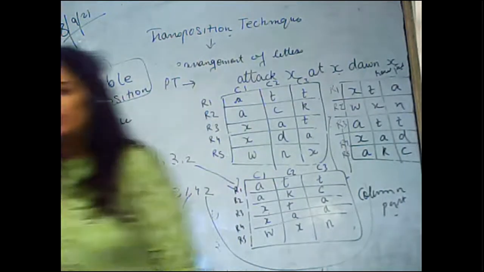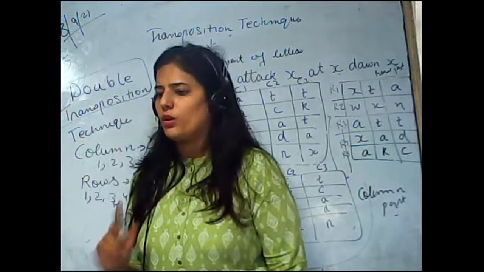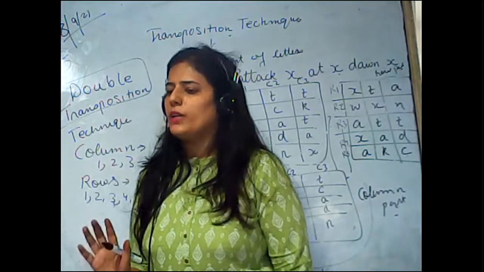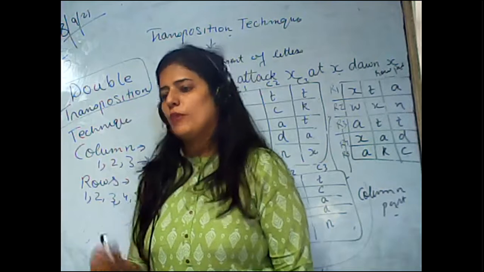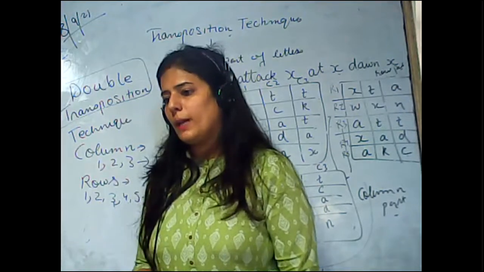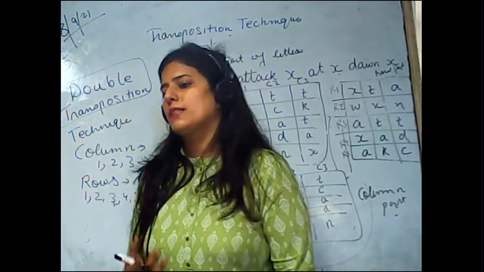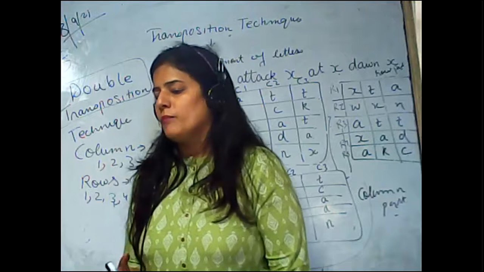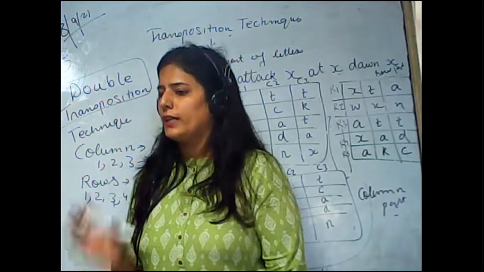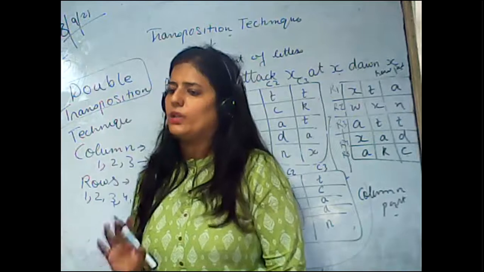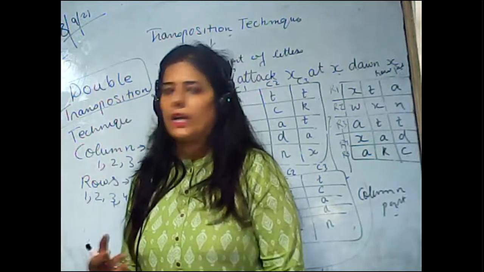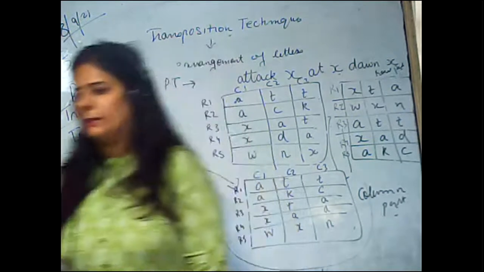Secondly, just remember one thing: we cannot repeat any row or column, because in the transposition technique we are just rearranging the elements. If we repeat elements, repetition of characters will occur. That is not required, because if we have a total of 10 characters, we have to do all the rearrangement according to those 10 characters. So we cannot have duplicates of a character.